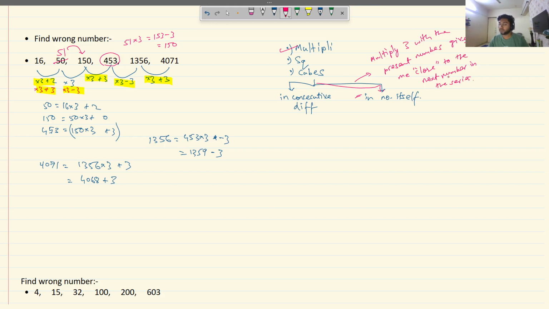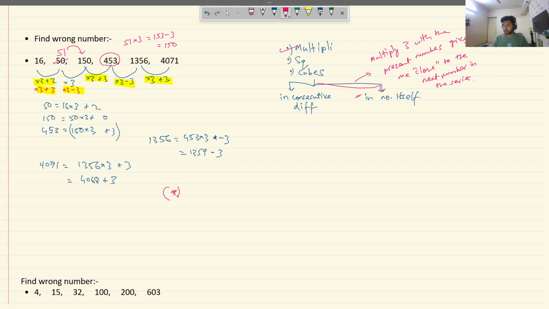And not just for one, not just for two pairs of numbers. For two, three sets of pairs, I noticed that by multiplying by 3, I'm getting close to the next number. That's how I chose that route and found a pattern over there.